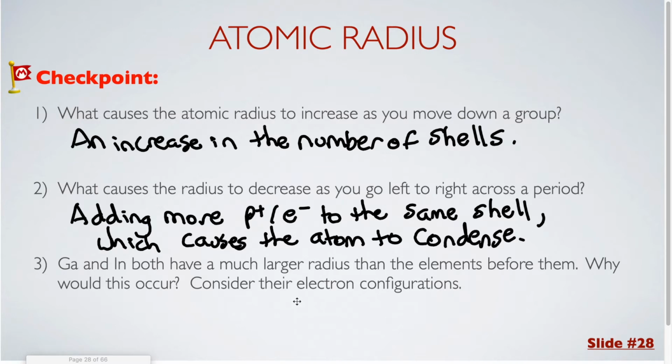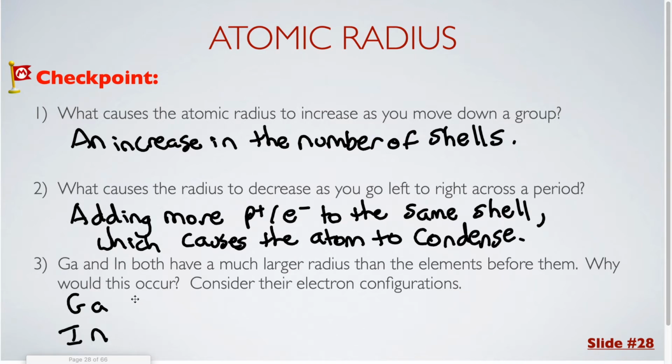For number 3, Ga and In both have a much larger radius than the elements before them. Why would this occur? Consider their electron configurations. I'm going to write out the noble gas configurations for each of these.